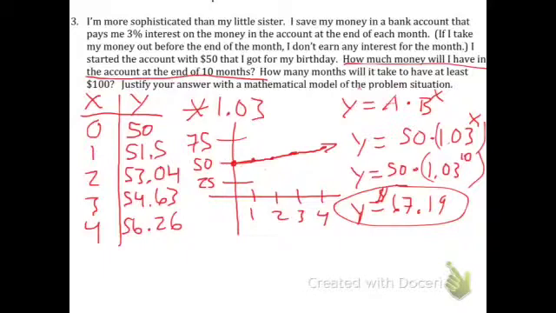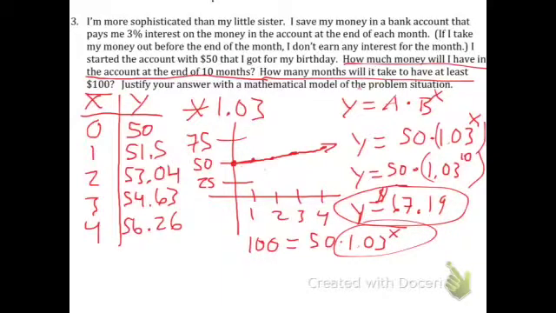Now that I got that done, I'm going to answer the next question. How many months will it take to have at least $100? To figure that one out, I recommend just plugging in some numbers, because if you plug in 100 for y, you're going to have this fancy equation here, and trying to figure out what that exponent is to put on 1.03 is actually going to be really tough.